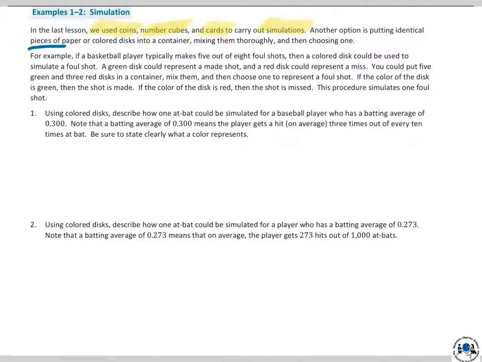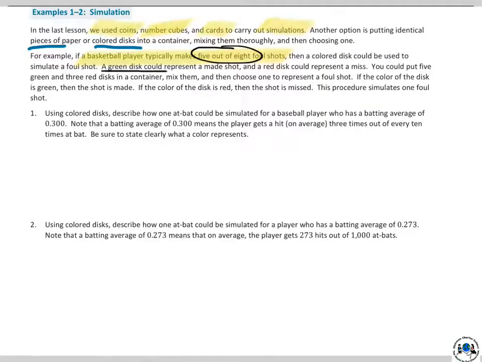So, for example, if a basketball player typically makes 5 out of 8 foul shots, then a colored disc could be used to simulate a foul shot. A green disc could represent a made shot, and a red disc could represent a miss.